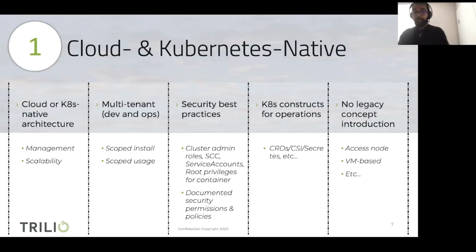Building on top of that, we also need to make sure that the technology that is being leveraged uses all the right Kubernetes concepts like custom resource definitions, CSI interface to talk to storage so that you're not bottlenecked working with just a single kind of storage, leverages secrets, and so on.